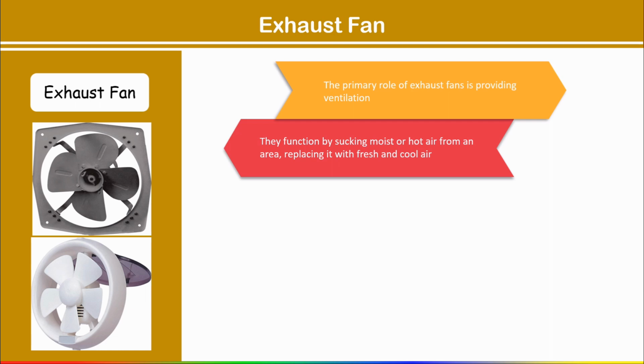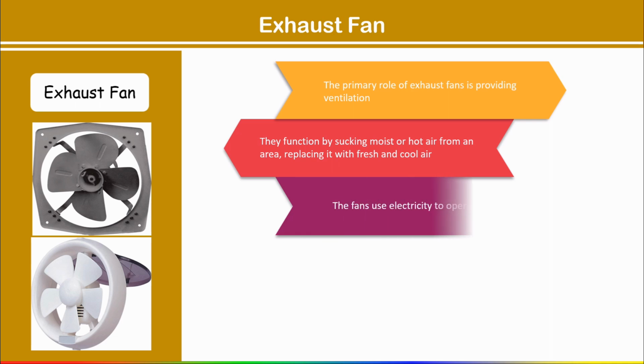As I told you, the function is to suck the moist or hot air from an area, replacing it with fresh and cool air. For that, the ducting system is significant in expelling out the warm or stale air. Hence this stale and humid air is forced out through the exhaust when exiting the area.